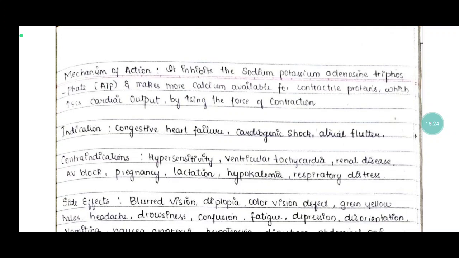So the mechanism of action: it inhibits the sodium potassium ATPase, that is adenosine triphosphatase, and makes more calcium available for the contractile proteins, which increases the cardiac output by increasing the force of contraction.